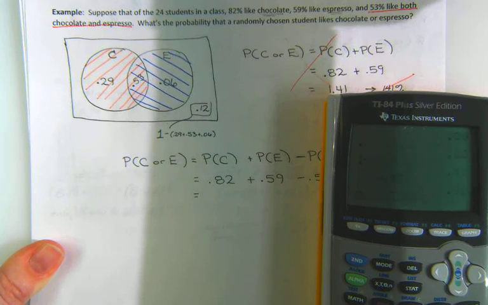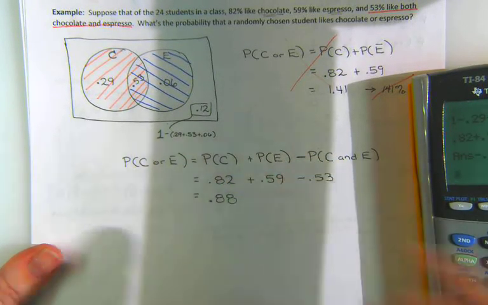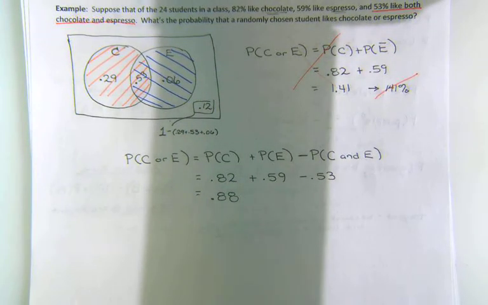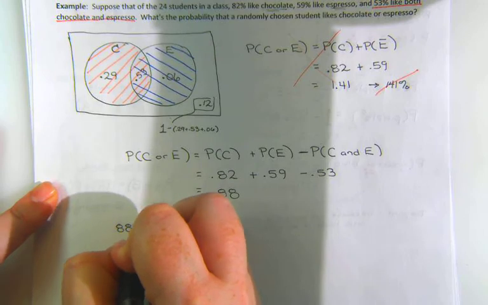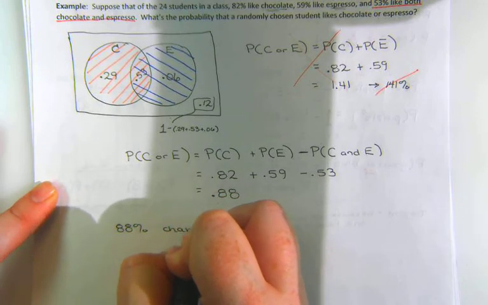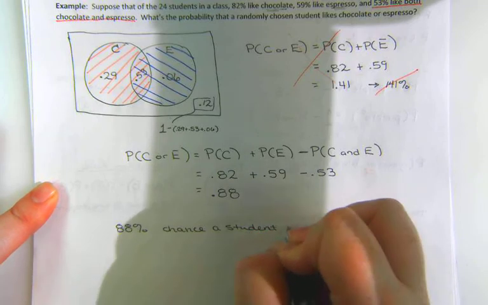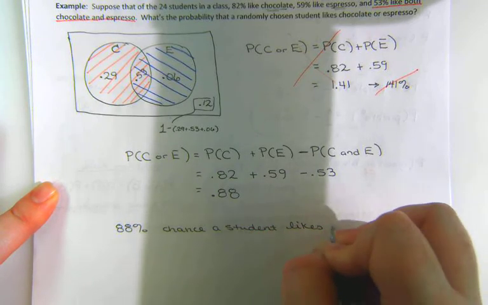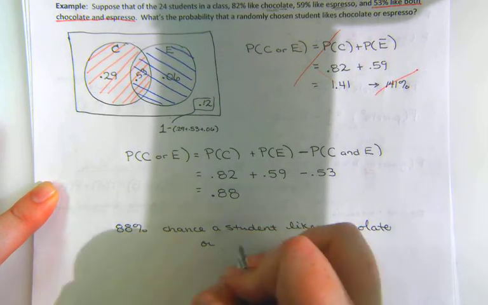So when we do this, what we always have to do is subtract off the probability of both. For us, it's the probability of liking chocolate and espresso. The idea being that we take that 82%, add on that 59%, but then, because we counted this 53% 2 times, subtract it out of there.